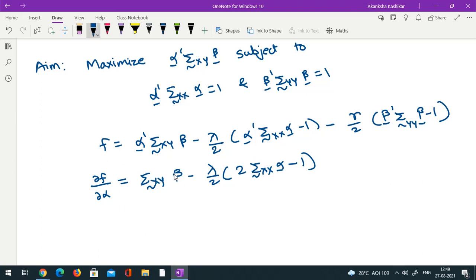I think that minus 1 should not be there. Yeah, minus 1 won't be there. You're right. Minus 1 won't be there because I'm taking the derivative, so this would go. Anything else? No, ma'am.